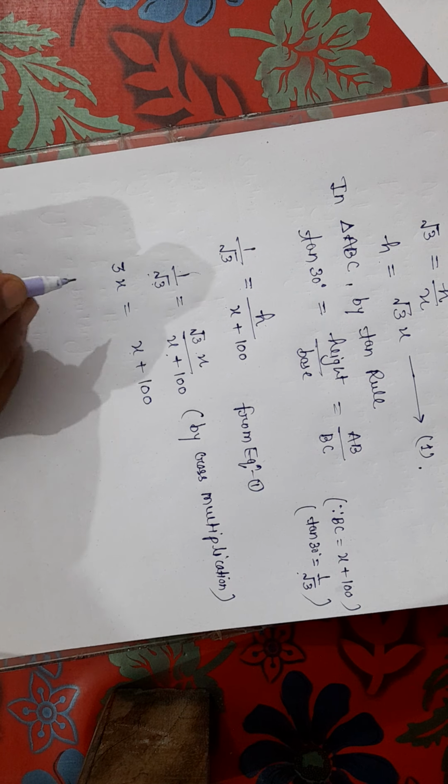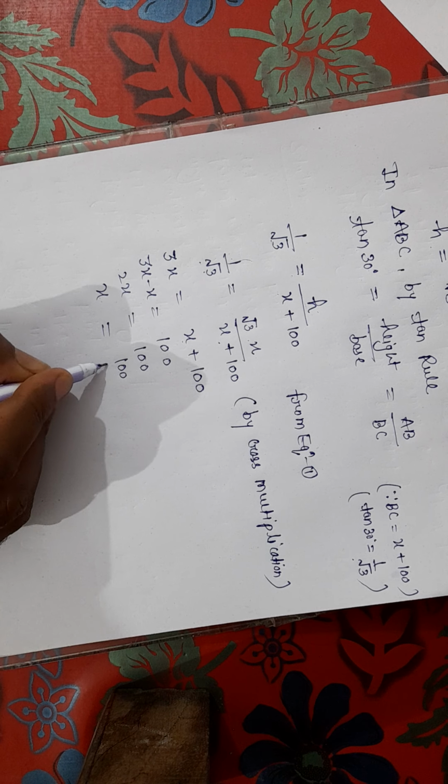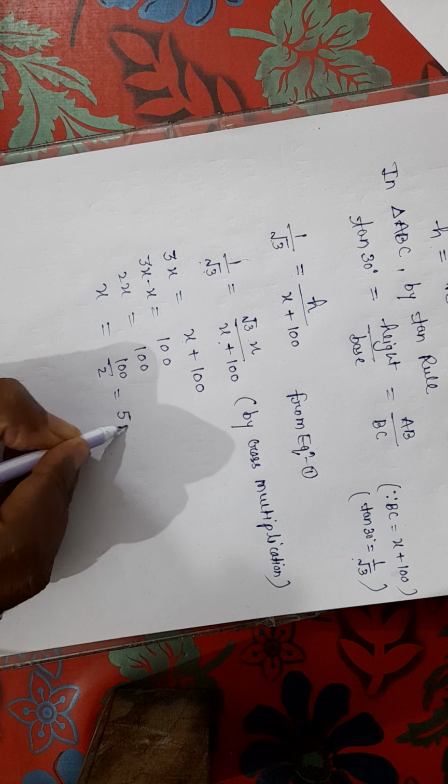Transfer this x this side, so 3x minus x equal to 100, 2x equal to 100. So the value of x equals 100 upon 2, which means 50.